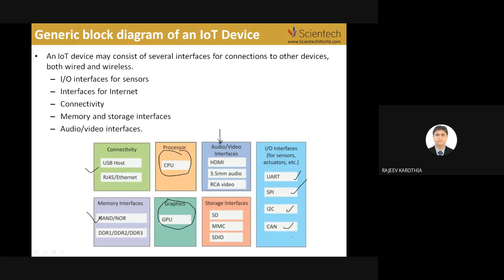CAN is popular for automobiles basically. So if your sensor has an SPI interface or I2C interface, then you should have these interfaces in your device. So we can say it's a generic block diagram of any IoT device, with these different peripherals used in making any IoT device.